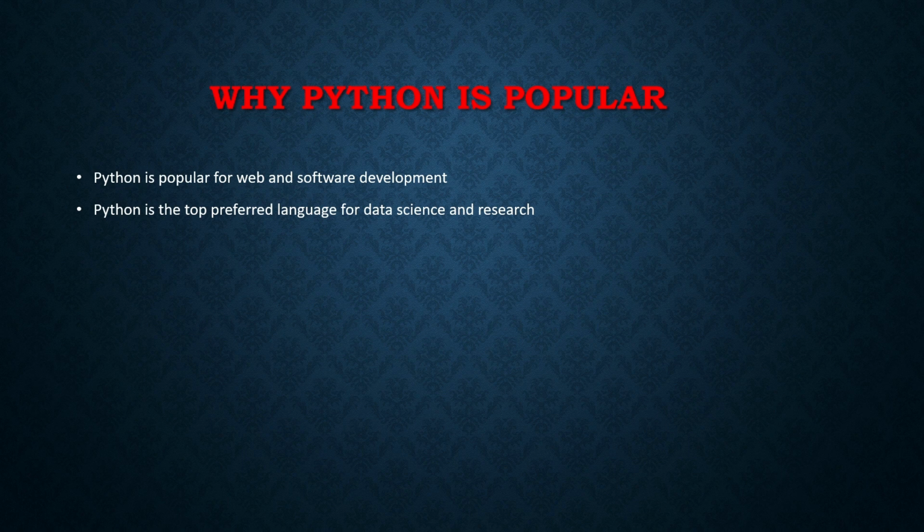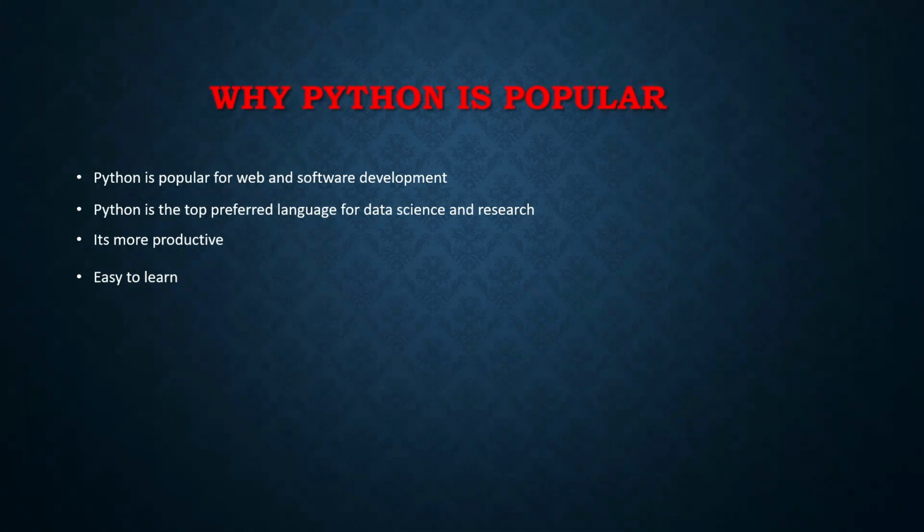Due to its ease of learning and usage, Python code can be written and executed much faster than other programming languages. It's more productive because it has control capabilities and integration features that can make applications more productive, and it's easy to learn. When compared to other languages, Python is the easiest language.